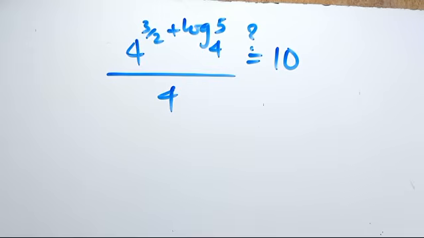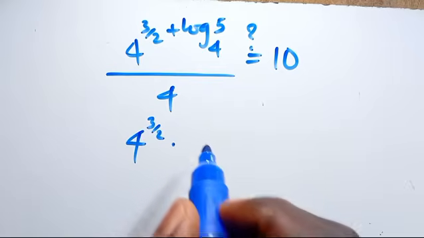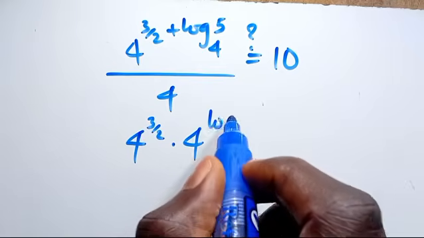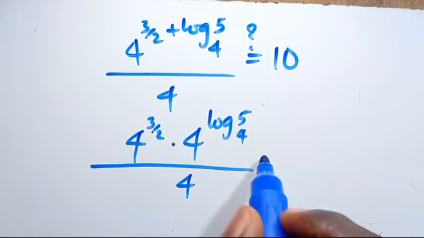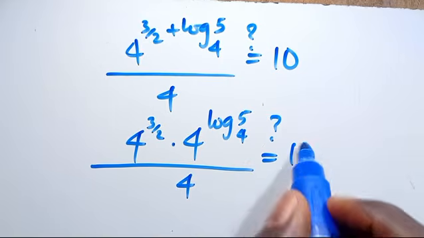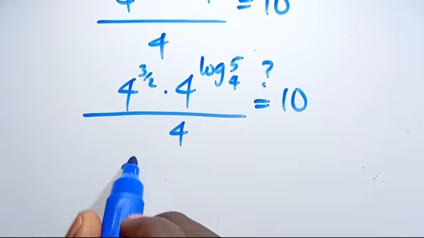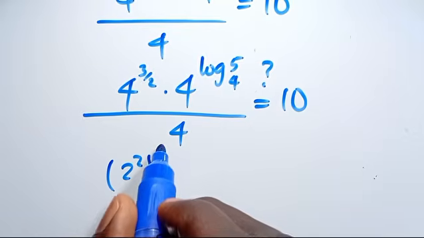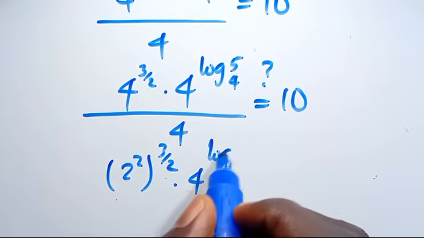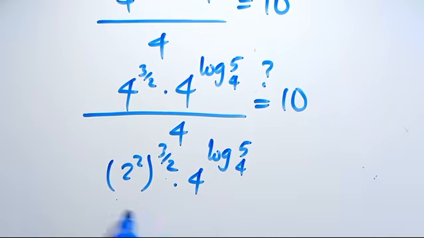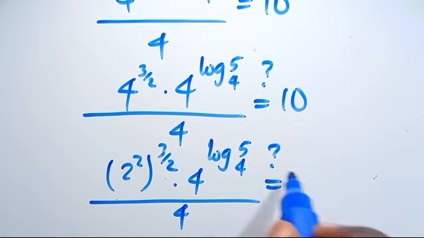Now from here we have 4 to the power of 3 over 2 times 4 to the power of log 5 in base 4, over 4, is going to give us 10. Let's have this in base 2 as 2 squared to the power of 3 over 2, times 4 to the power of log 5 in base 4, over 4, is going to give us 10.